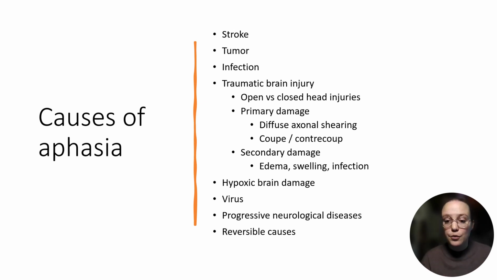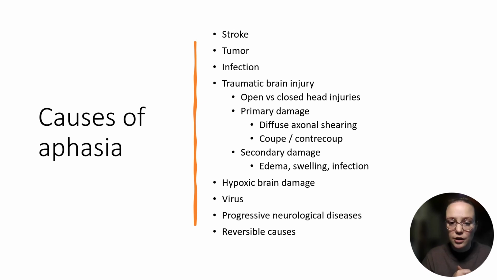So you can think about the brain being impacted in both of those collisions. And then, of course, there's secondary damage that happens as a result of a traumatic brain injury. Edema, swelling, and infection. So this is what happens when the brain is trying to correct itself, how it's reacting to this trauma, and that can contribute to aphasia symptoms.